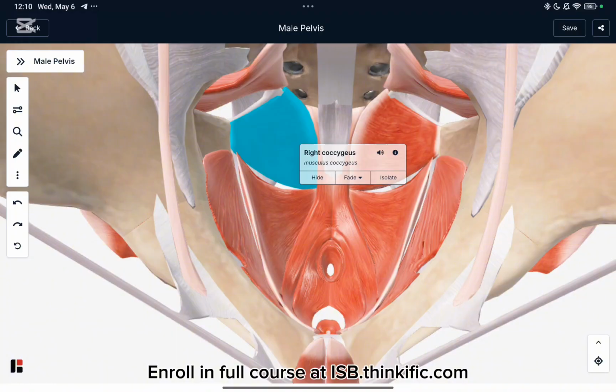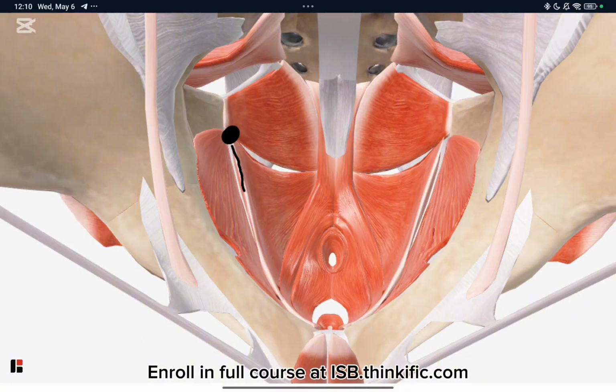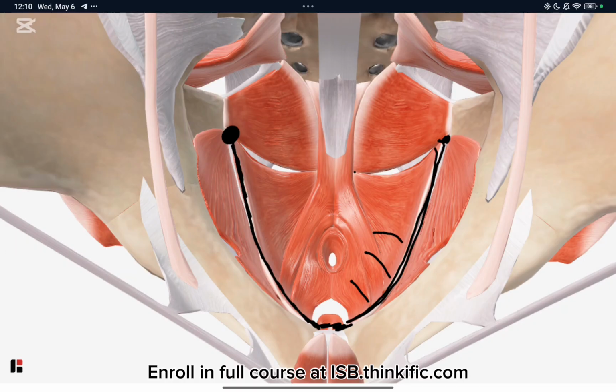There's a muscle over here, extending from this point and along this line, and then to the back of the pubis, and then the other muscle is over here, originating from this line, and then they descend to form something like a bowl.